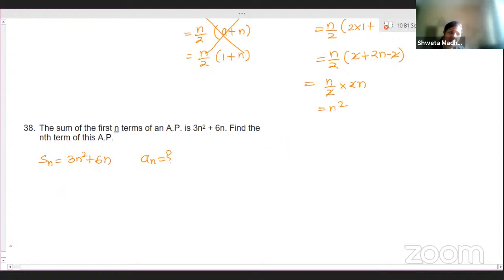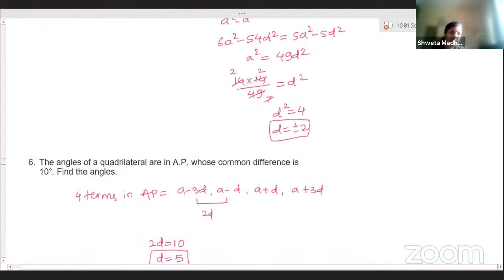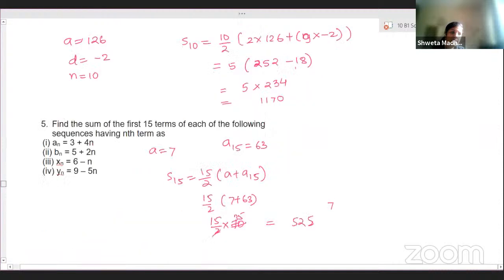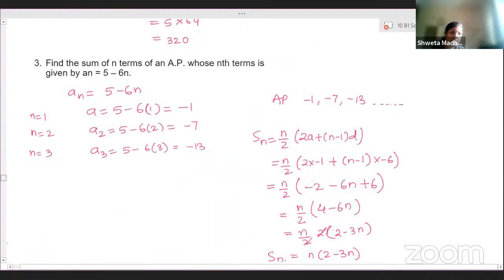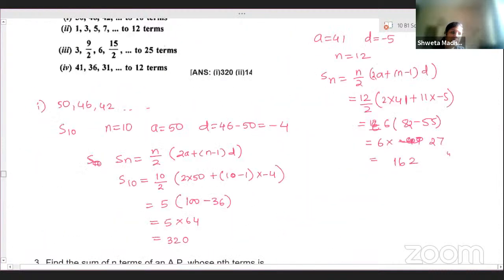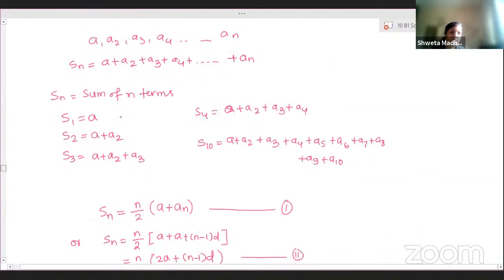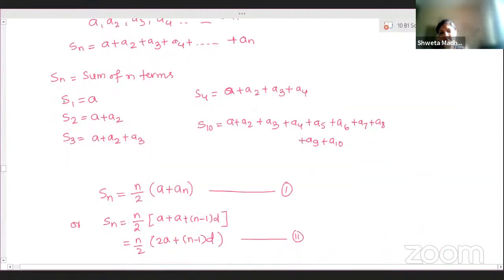What is S1? We have learned earlier. S1 is the first term only. S1 is equal to A.